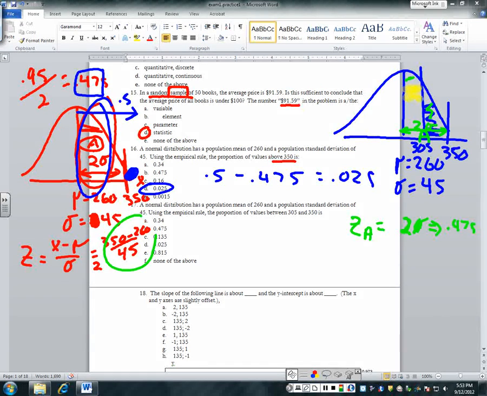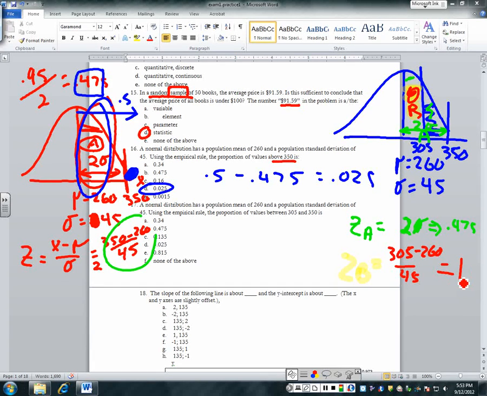So we'll call this area B. And so the Z for B, oh, that's not a very good color. Had to give it a try, though. This is area B. The Z for B is 1 standard deviation. If you want to do that, that's 305 minus 260 over 45, which is equal to 1.